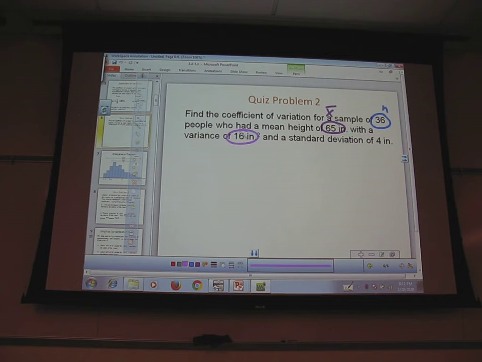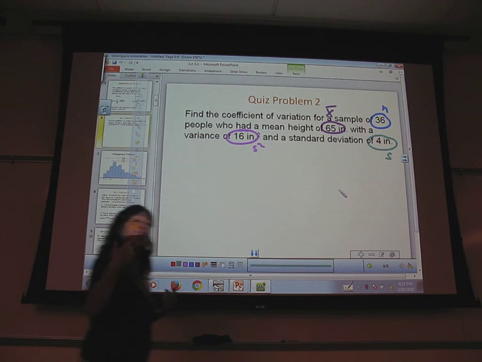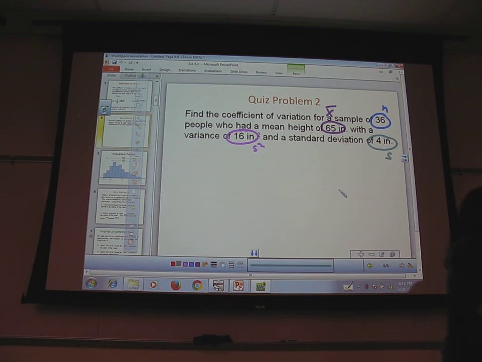So this is my what? Standard deviation squared. My s squared, my variance. And then we have a standard deviation of 4 inches. What's 4 inches? Standard deviation. That's my s. You'll notice, almost all the time, we're going to be using standard deviation and mean.